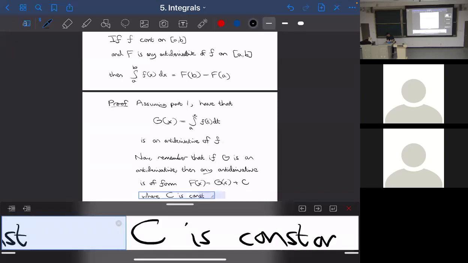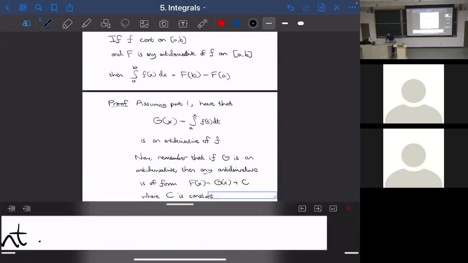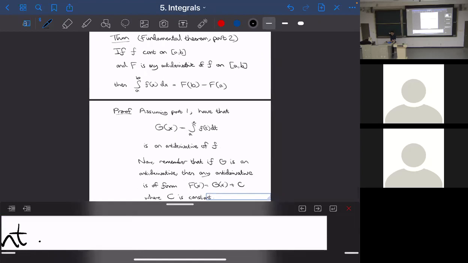Okay, so we discussed this last time. So we can assume that the big F in part two of the theorem is of this form, G(x) plus c.